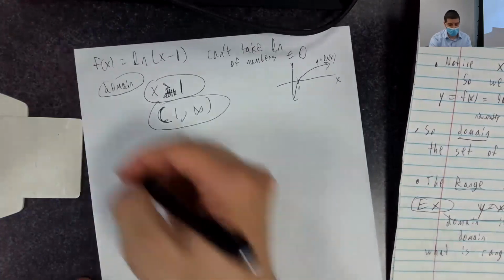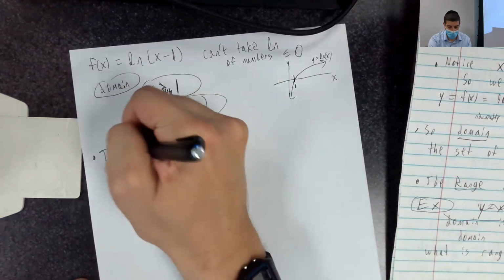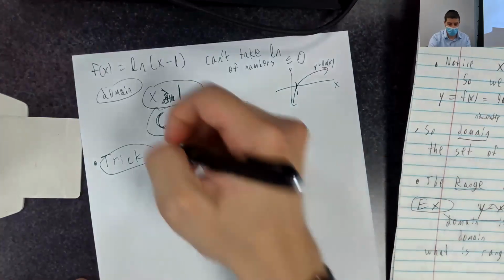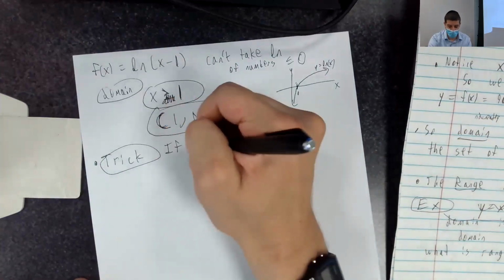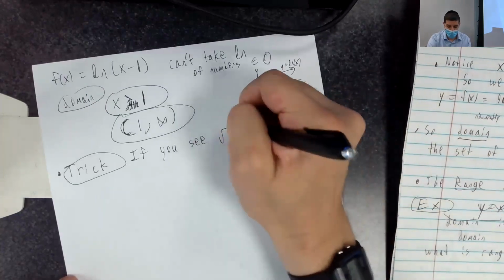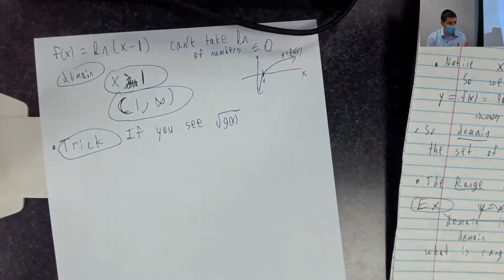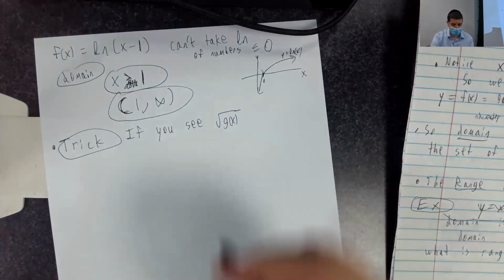Okay, so just a little bit of a trick on all these problems. The trick is, if you see radical g of x, and they're asking you for a domain, you see a radical. I can't take radical of negative numbers.